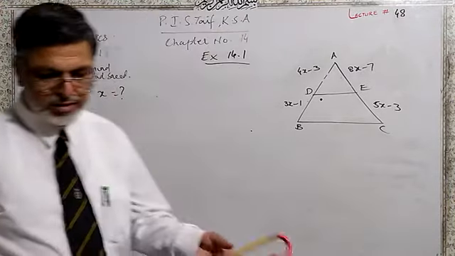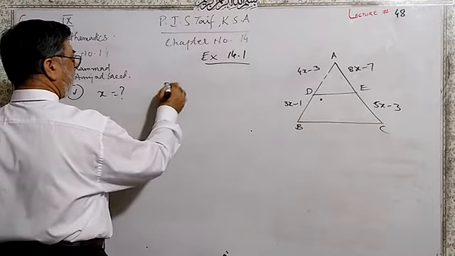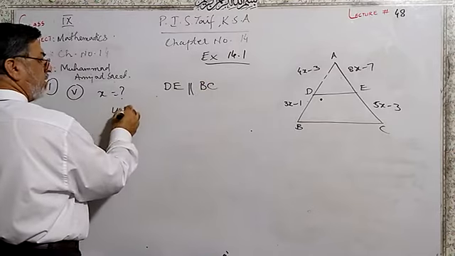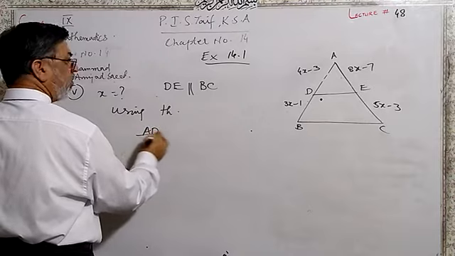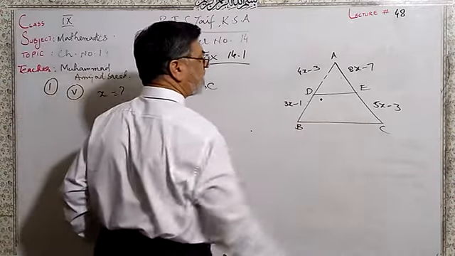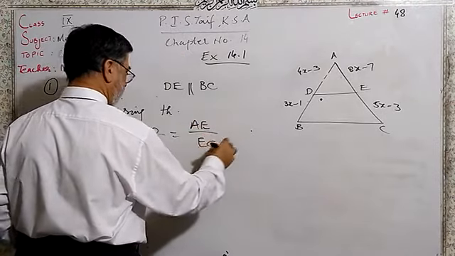Here, DE is parallel to BC. Using the theorem, the ratio of corresponding segments will be the same: AD over BD equals AE over EC.